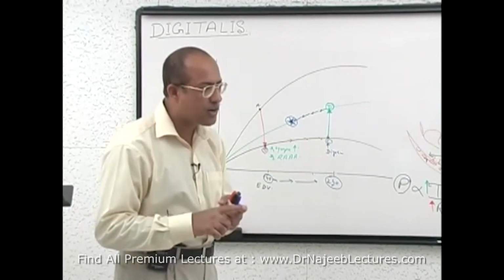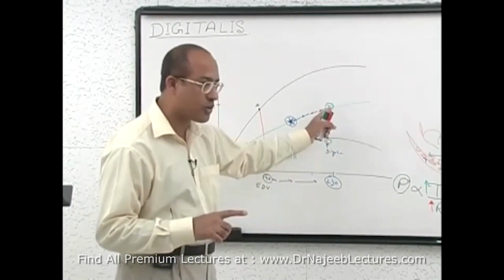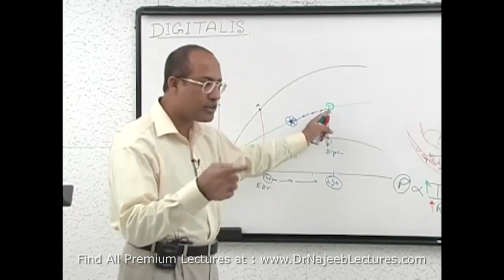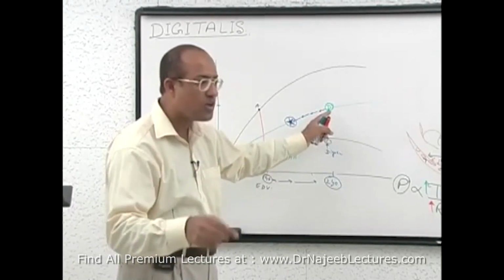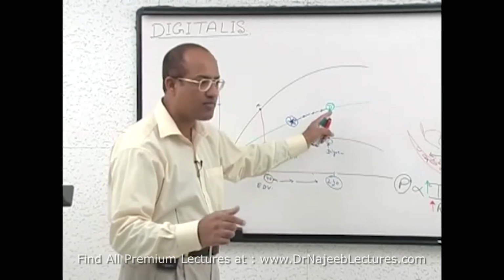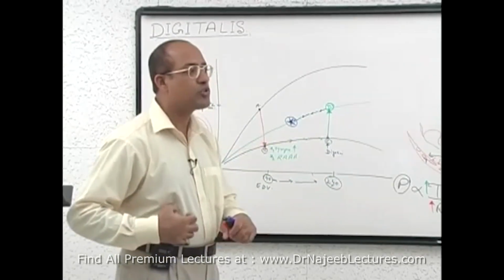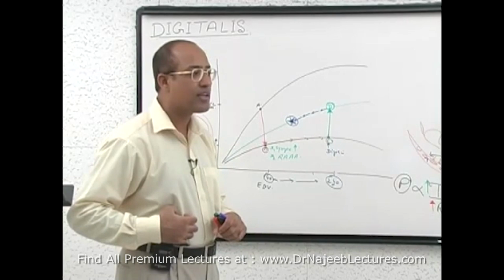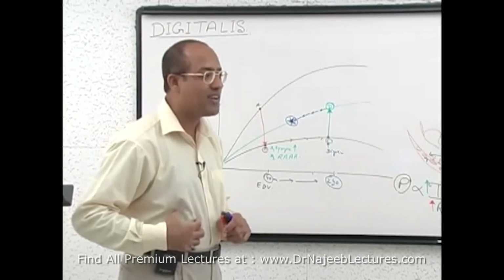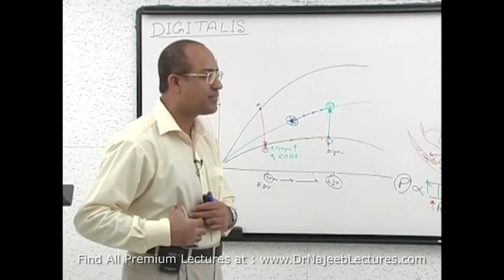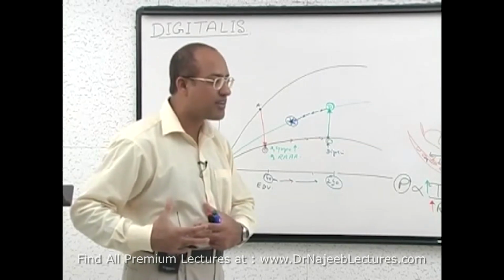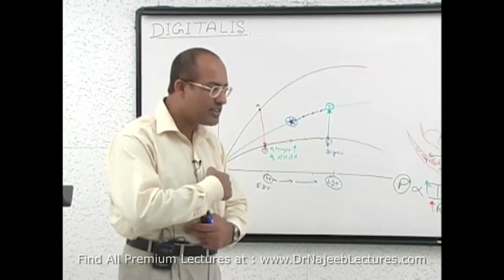So after increasing the cardiac output at point D, there's reduction in sympathetic outflow, there's reduction in angiotensin 2 level. Both things reduce the constriction. Veins dilate. When veins dilate, my friend, veins will accommodate more blood. So venous return is reduced.